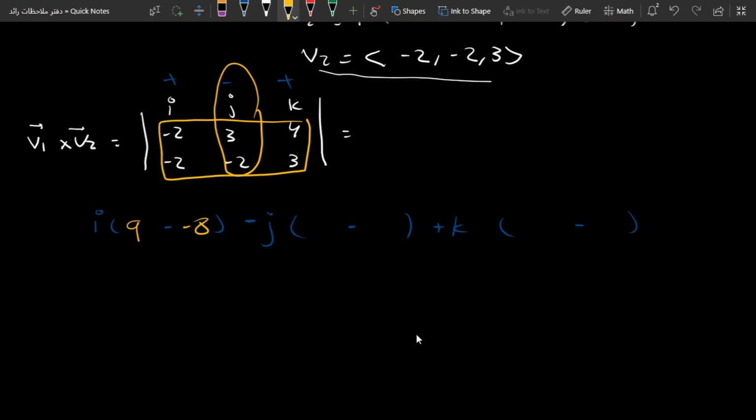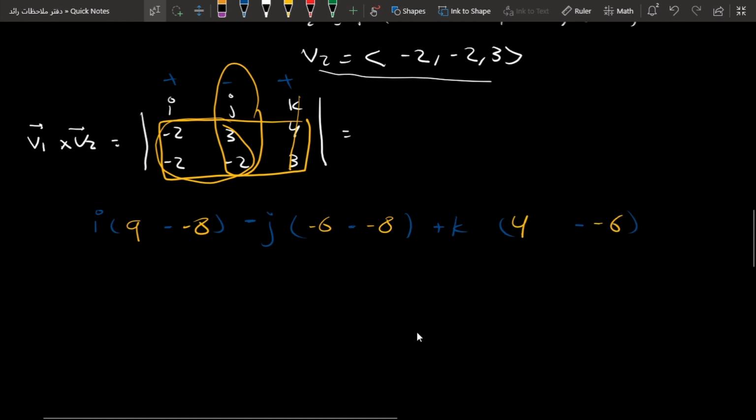Now I will delete this and will take this. يلا شباب -2 times 3 is -6 and 4 times -2 is -8. After that I will delete this and take this. -2 times -2 is 4 and 3 times -2 is -6.